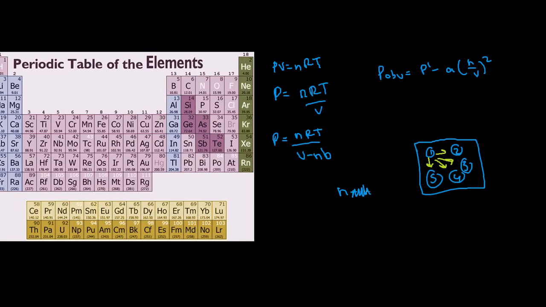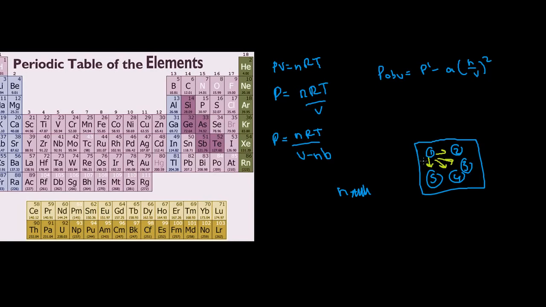Now it does not stop there. 1 can interact with 2, 3, 4, and 5, but 2 can also interact with 1, 3, 4, and 5. 3 can interact with 2, 1, 4, 5, and so on for however many gas particles. So the total number of possible interactions is going to be this number squared.